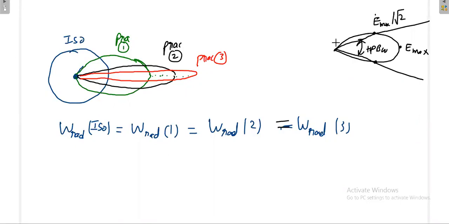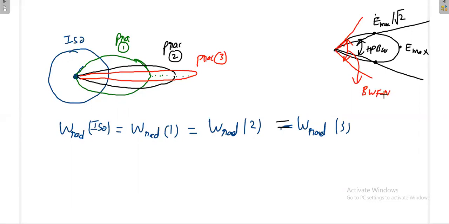If somebody measures the beam width like this, say I draw a tangent line here, and a tangent line here, then that beam width is called the beam width between the first null.